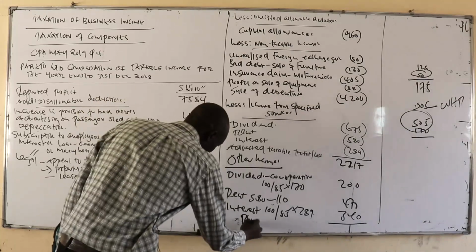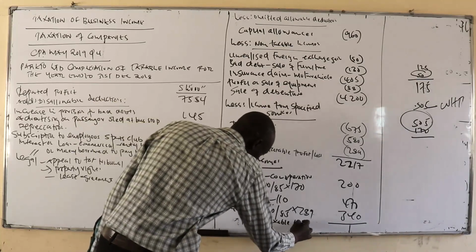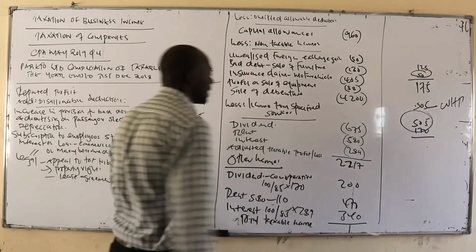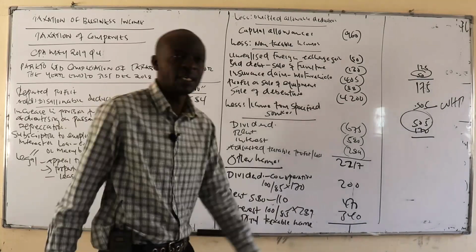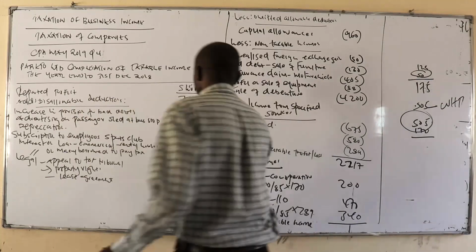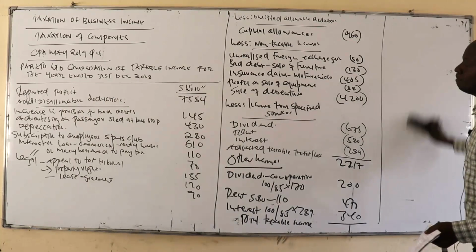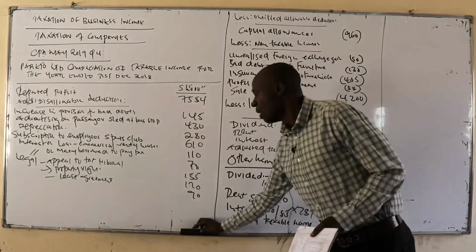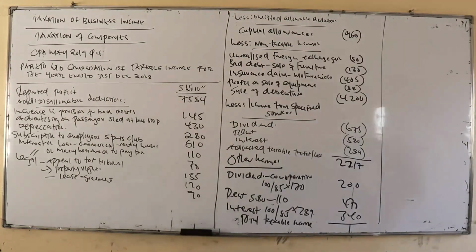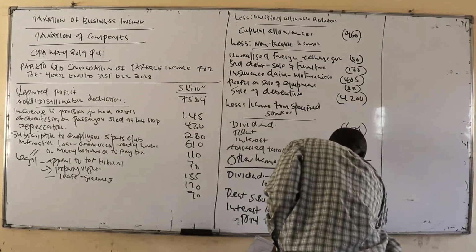So you get their total taxable income. Now for companies, it's 30% of the total taxable income. That is the tax liability. So add these three items. What do you get? How much do you get? 32.27.